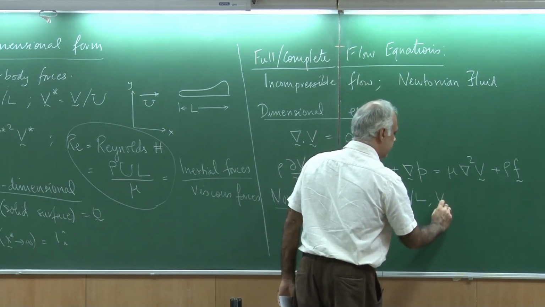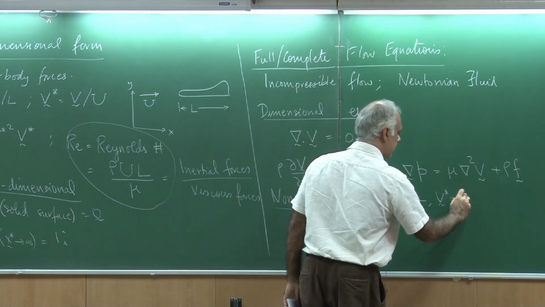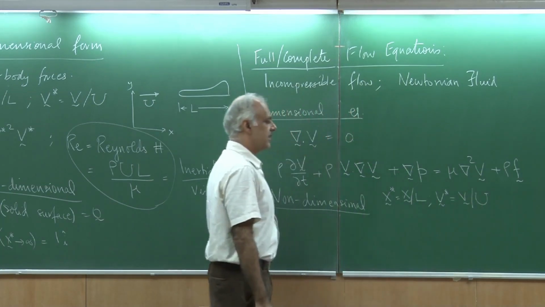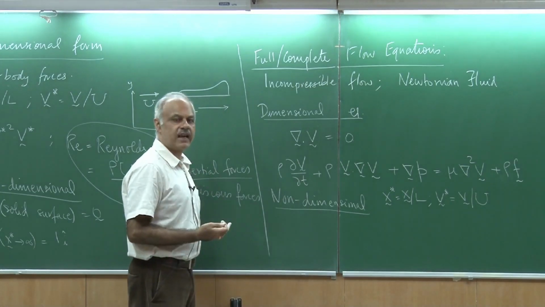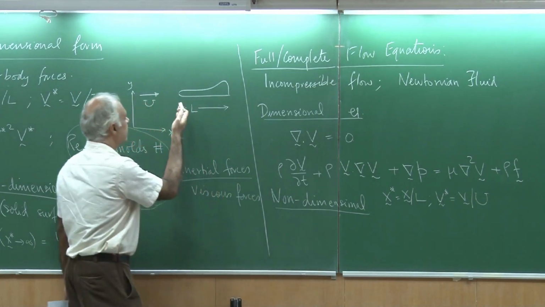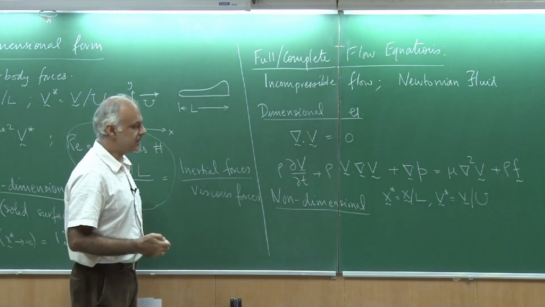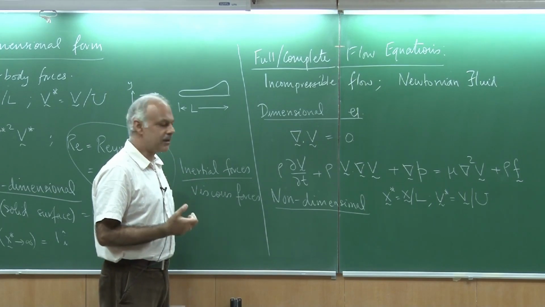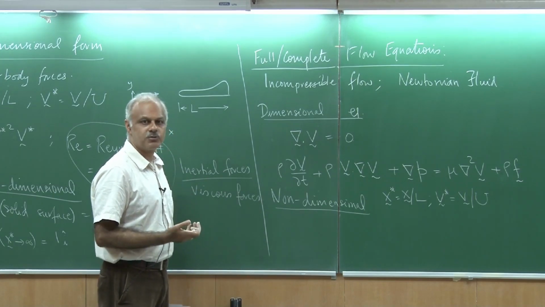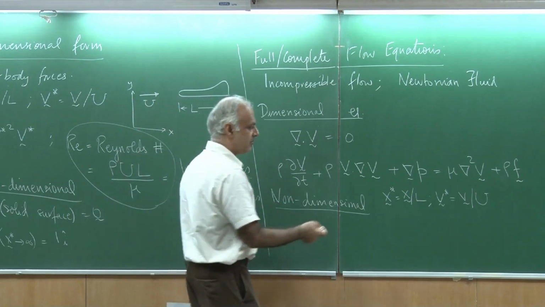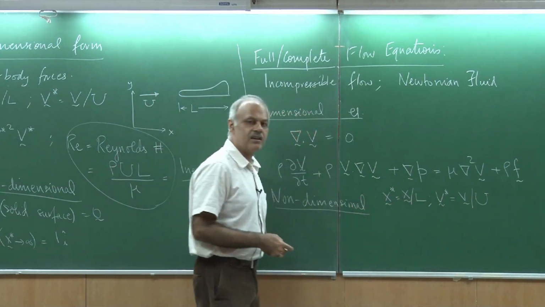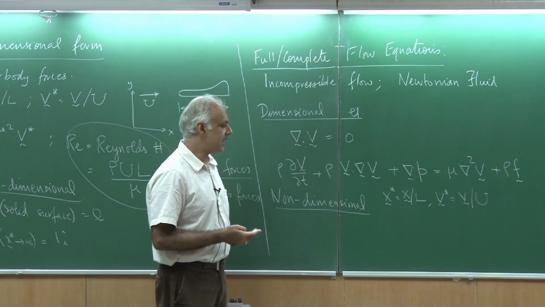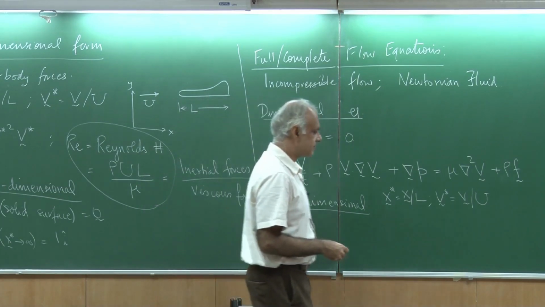Same thing for velocity: the non-dimensional velocity is the dimensional velocity divided by u, and u is some kind of a characteristic speed. For the flow past an aircraft, it was the free stream speed. For flow in a pipe, I could talk about an average speed through the pipe, or maybe the speed at the center line. It's really up to me, but I have to be consistent. For the flow in a pipe, for example, the L could be the radius of the pipe or the diameter of the pipe. So it's really up to me what I choose these as.